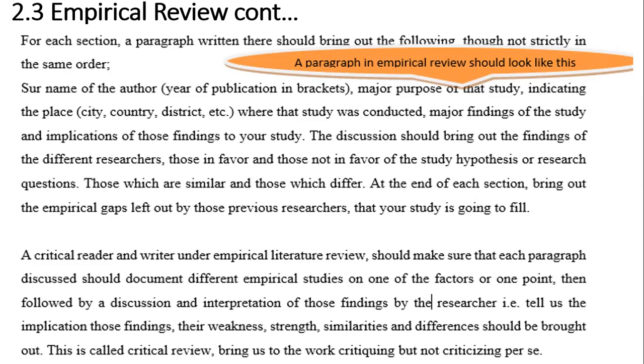So, in other words, the paragraph should have a surname of the author or the researcher, a year of publication, sometimes in brackets, the purpose of that study you are reading, what was it?